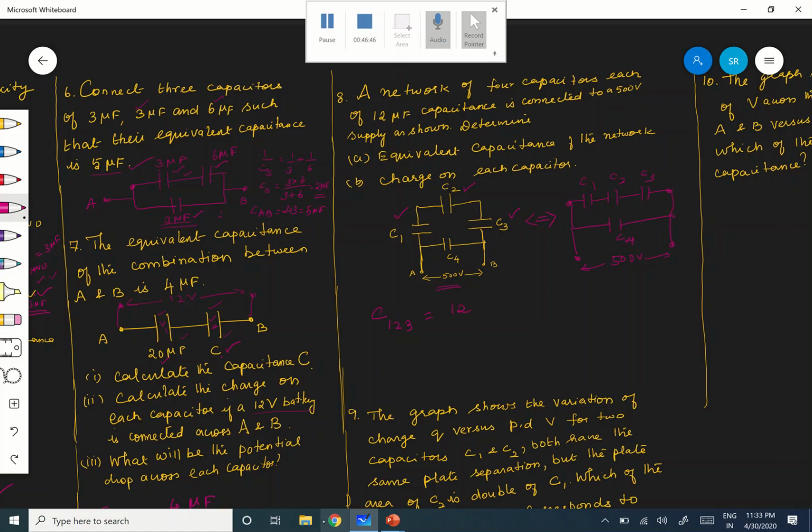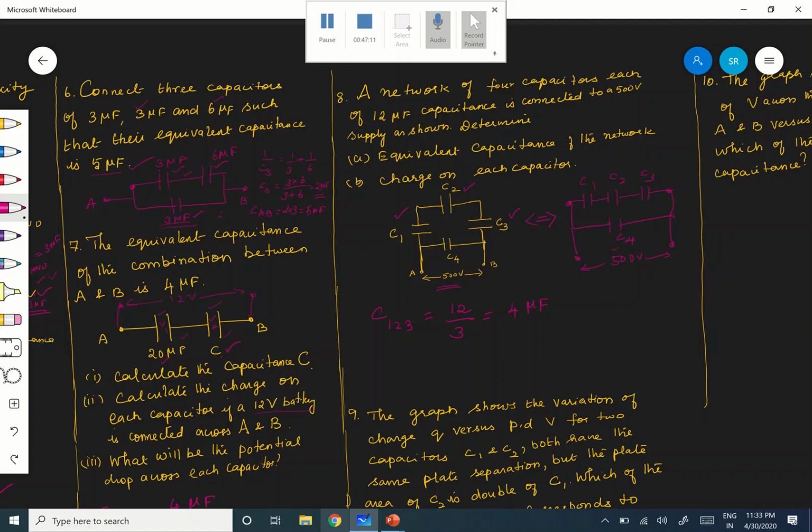Therefore, 12 by 3, that is nothing but 4 microfarad. So across C1, C2, C3, the net equivalent capacitance is 4 microfarad. And that 4 microfarad is parallel to C4.